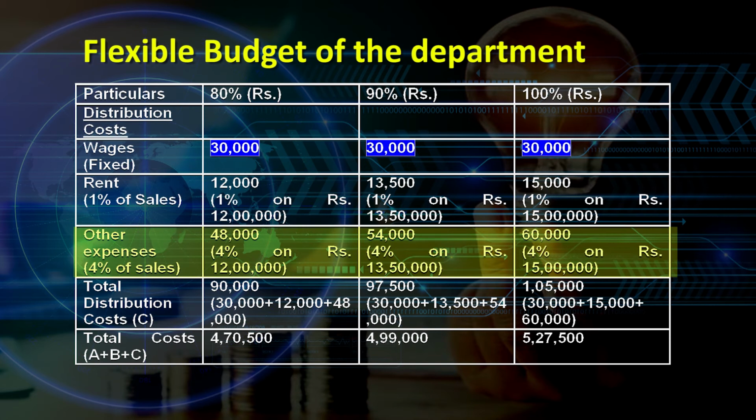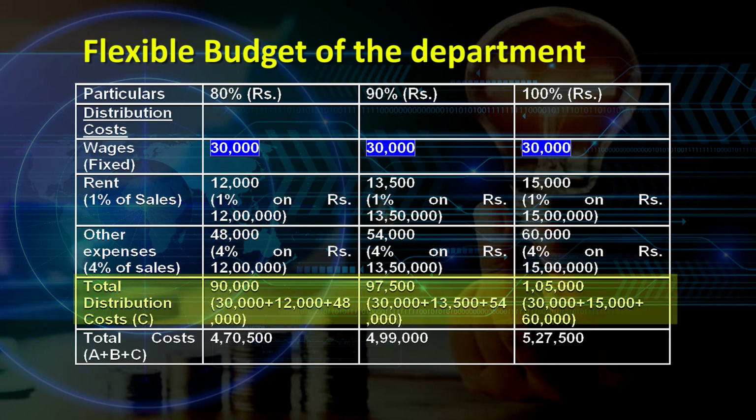Other expenses now, which are to be taken at 4% on sales. It calculates therefore to 48,000 rupees, 54,000 rupees and 60,000 rupees at the 3 levels respectively. Therefore, the total distribution cost will be rupees 90,000, rupees 97,500 and rupees 1,05,000 respectively.